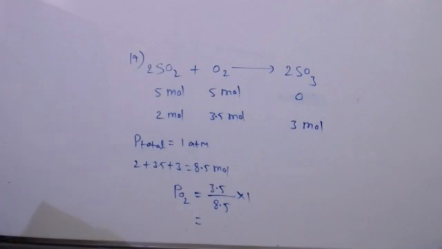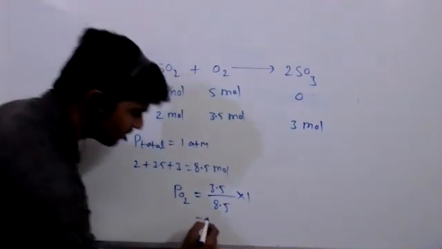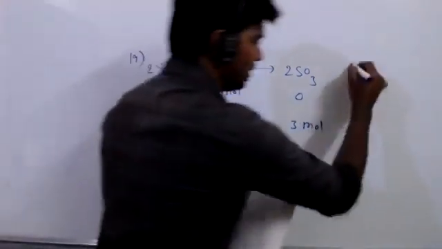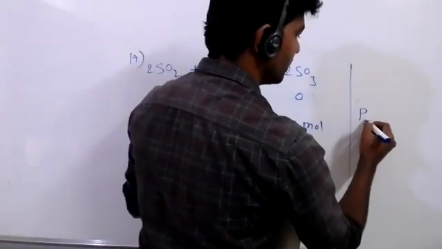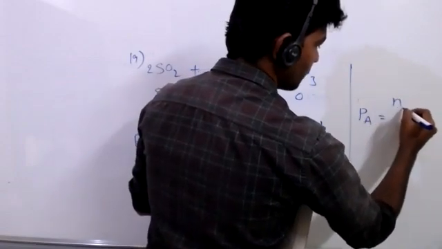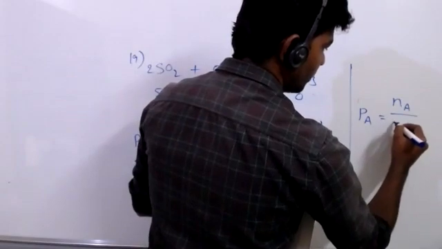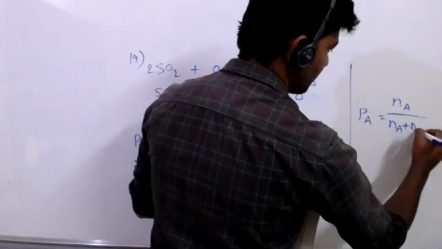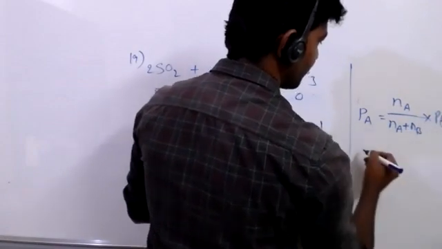This formula I already gave in states of matter, gaseous states, under Dalton's law of partial pressure. You will get the answer 0.41 atmosphere. The partial pressure of gas A is equal to number of moles of A divided by total number of moles, Na plus Nb, into P total.